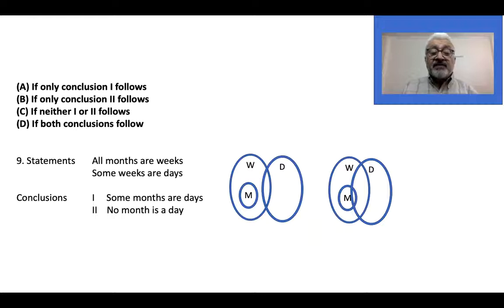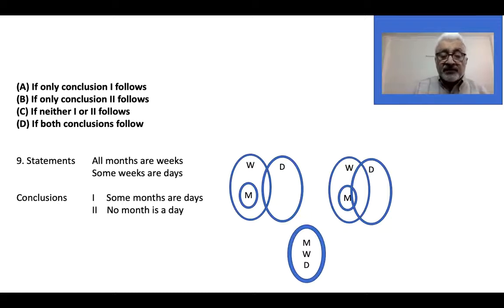But can I confirm no month is a day here? Can this be confirmed that no month is a day? Here, days can overlap with months. Hence, this cannot be confirmed. In fact, I can also have a diagram which again is a set of three same sized ovals representing months, weeks, and days.